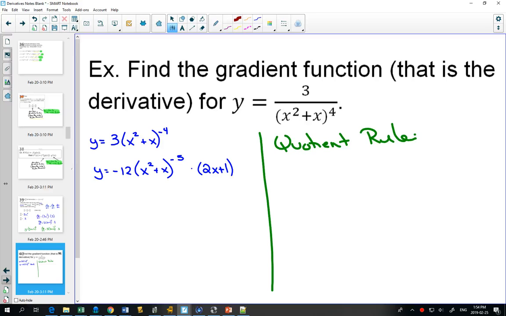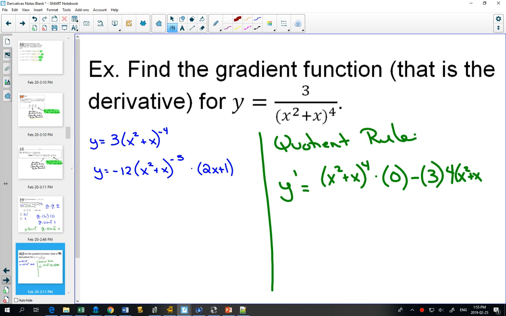But if you thought, I want to use the quotient rule, well, what's our quotient rule? Our quotient rule says, keep the bottom the same, x squared plus x to the 4, multiply by the derivative of the top. What's the derivative of 3? 0. Minus, keep the top the same, multiply by the derivative of the bottom, and the derivative of the bottom is a chain rule, so you would have to bring the 4 out, keep the inside the same, subtract 1 from the exponent, multiplied by the derivative 2x plus 1 of the inside.